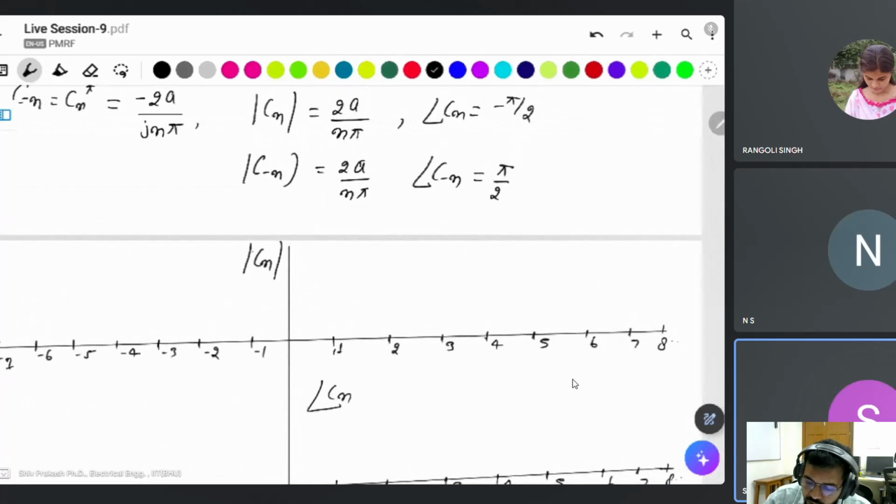Then 2A, only odd is represented, and the value at 0 is 0, C naught is 0.